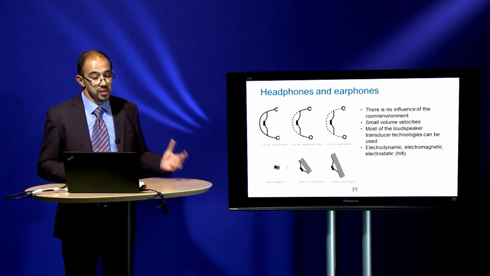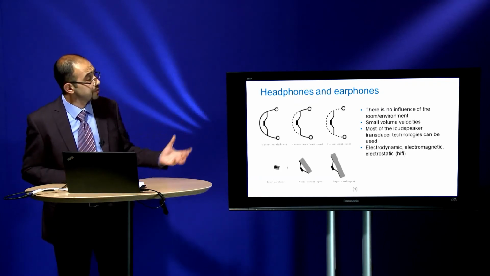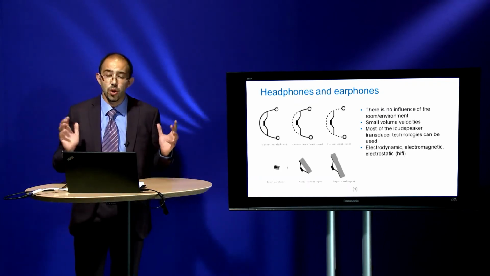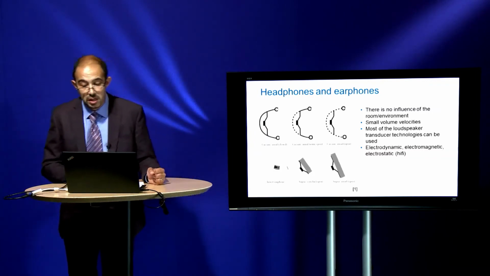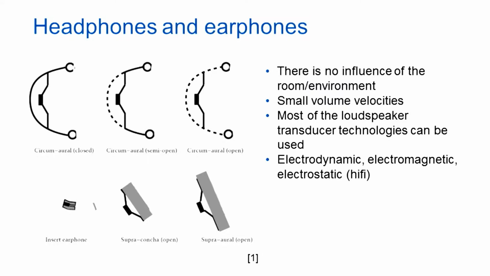The main advantage of these systems is that, in most cases, we don't have any influence of the room or environment. At the same time, small volume velocities can be generated more easily, and therefore there are not so many non-linear distortion problems as with loudspeakers.